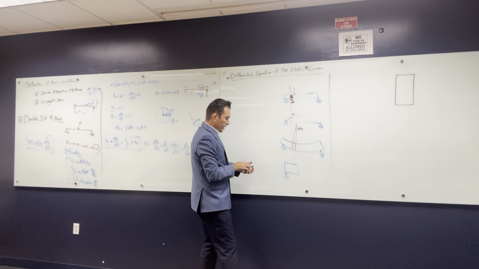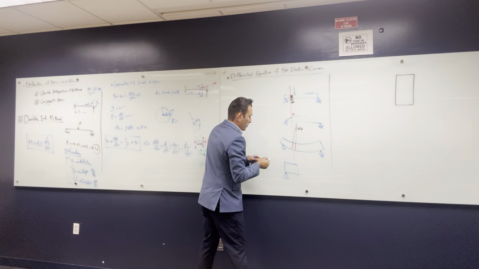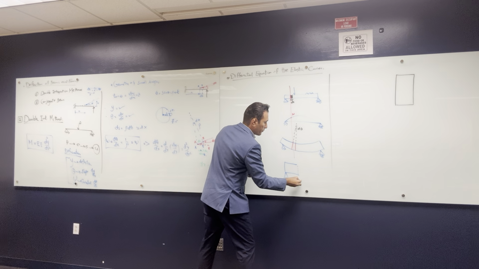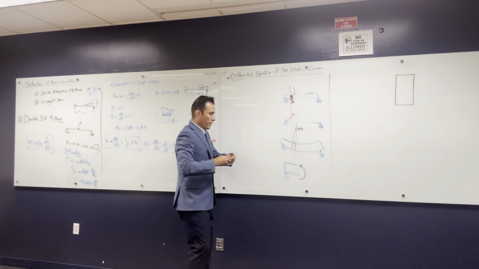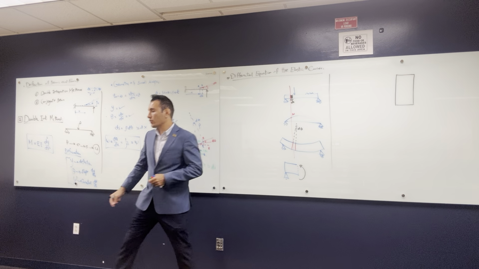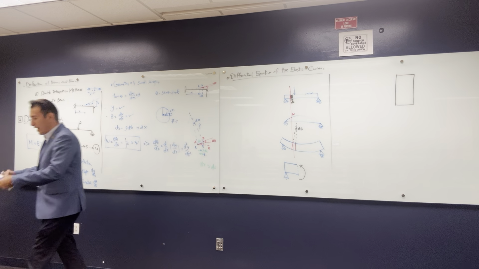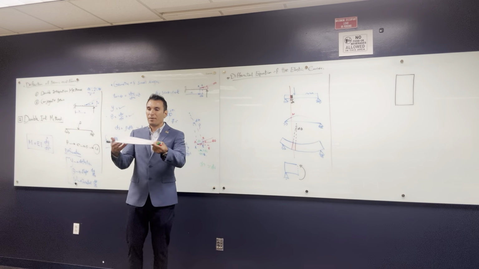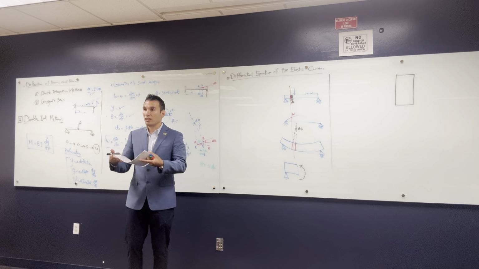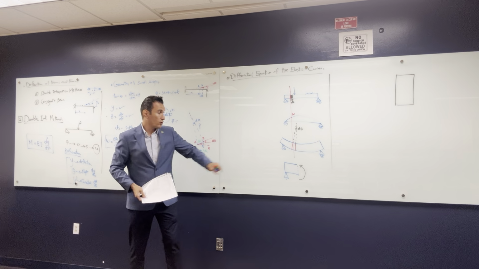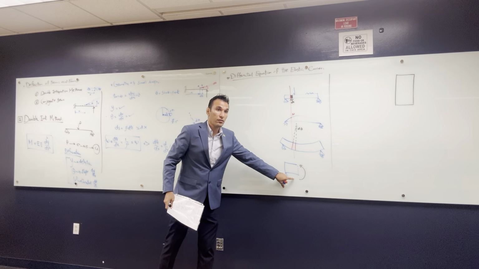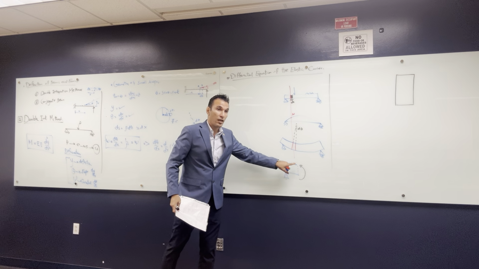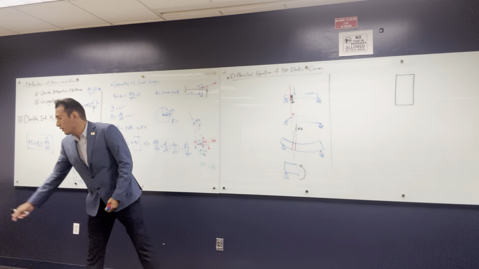What you have is a bending moment like this. Why? Because all the loads on this beam are going down, so this cross section is going to bend like this, and the bending moment is like this. It compresses the top part and makes tension at the bottom. So we have tension at the bottom and compression on the top.